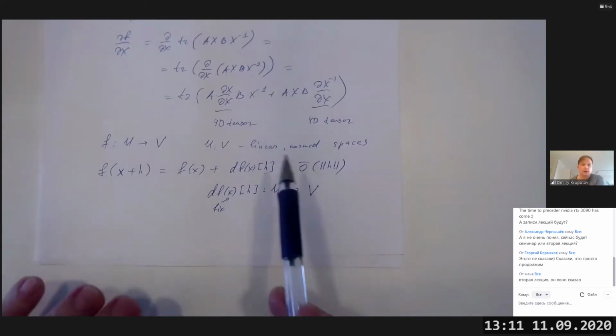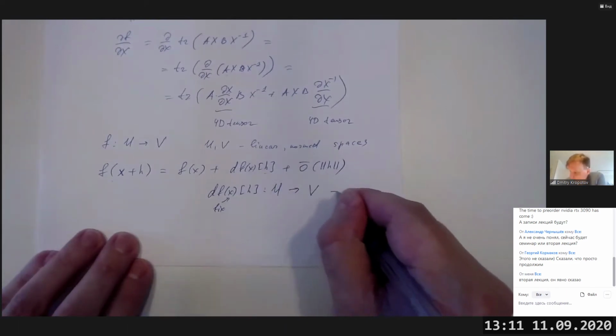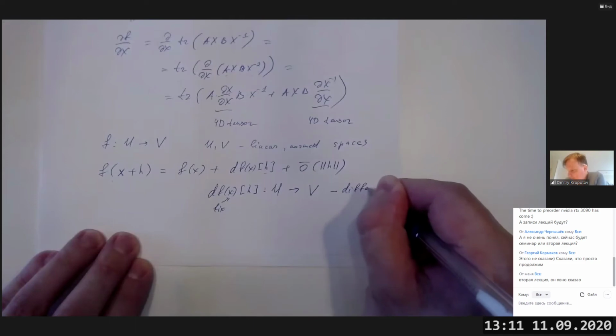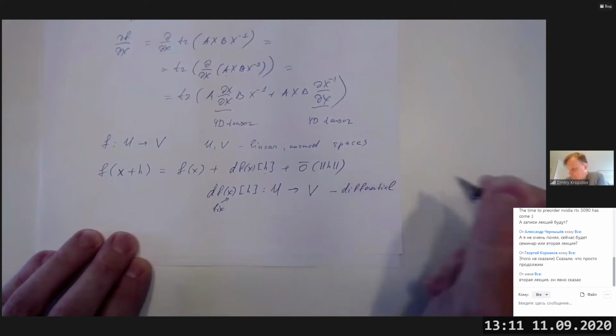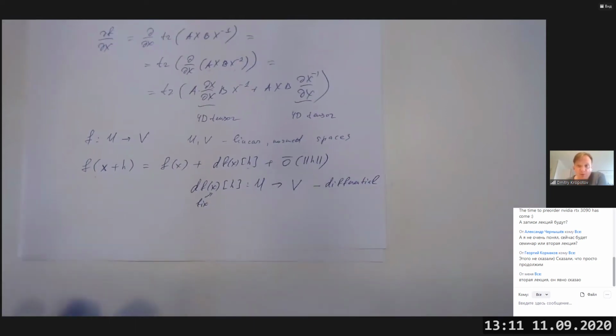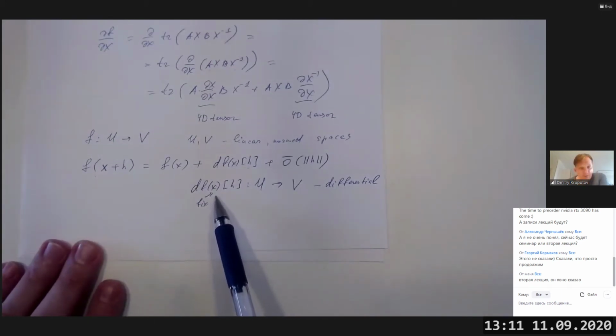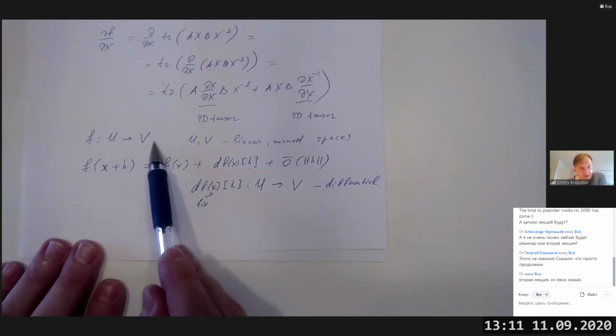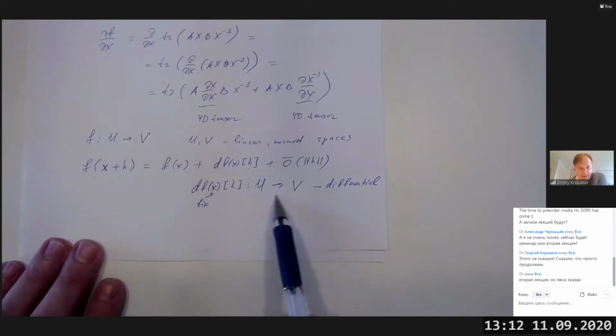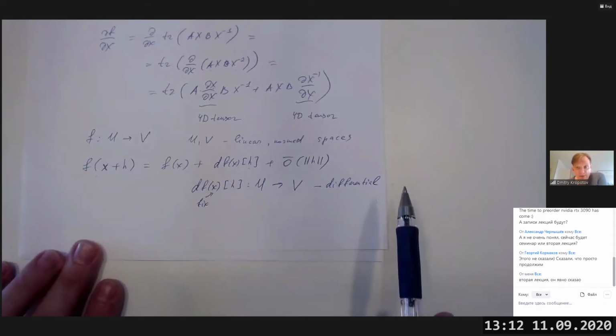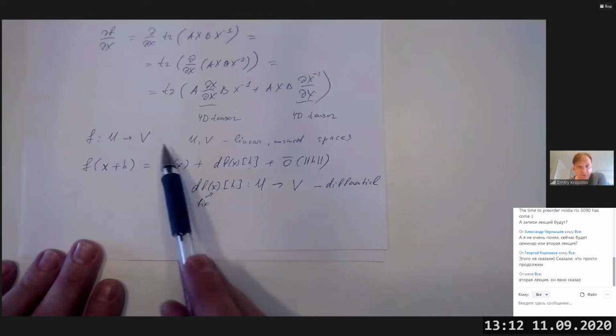And this is what is called a differential, plus some small term depending on h. As you may note, the dimensionality of the function f and the differential here is absolutely the same. These are both functions from U to V.